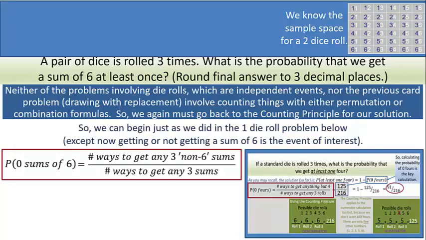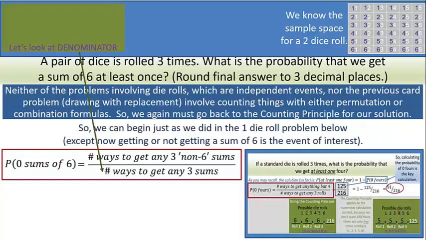But just to emphasize this, in the lower right-hand corner, we went from looking for the probability of getting any 4s when we're rolling a single die to what we really want now, which is the probability involving sums of 6. That takes us to the sample space in the upper right-hand corner, which is a 36-member or a 36-element sample space.